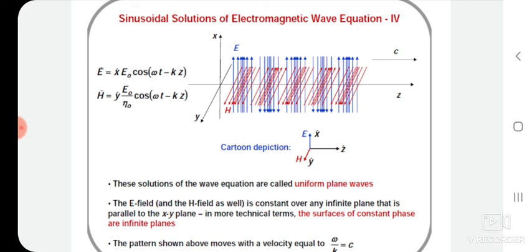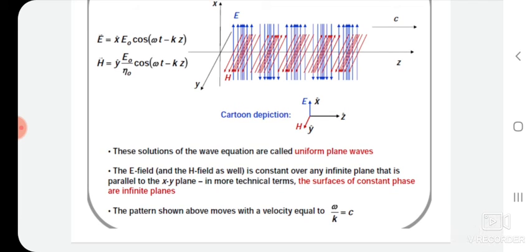From this we can say that both the electric field and the magnetic field are perpendicular to each other, as well as perpendicular to the direction of propagation. This solution of the wave equation is called a uniform plane wave. The electric field and the magnetic field are constant over any infinite plane that is parallel to the xy plane.